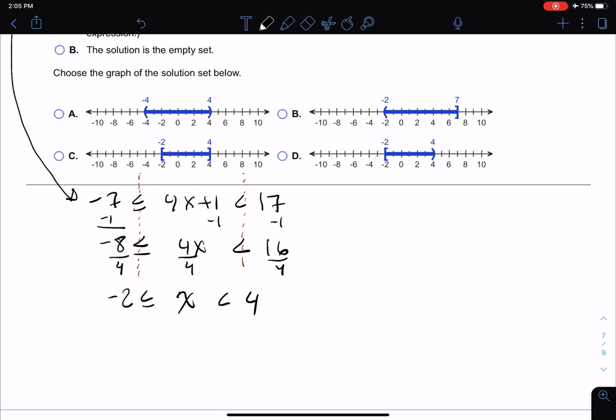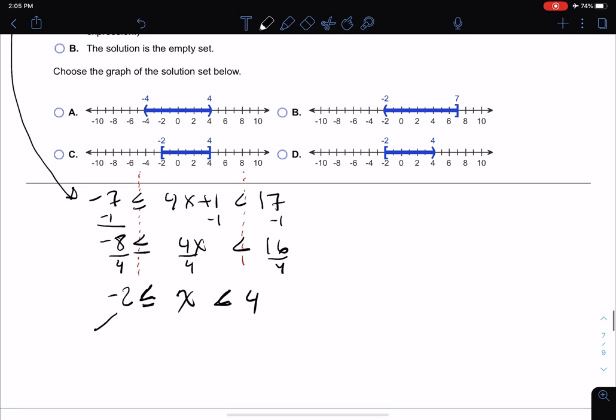Now this is in the proper form of a compound inequality that is an interval. What is the proper form? The proper form is that you have a less than symbol here and a less than symbol here, reading it from left to right at least, and that is the smaller number on the number line, and that is the larger number on the number line.